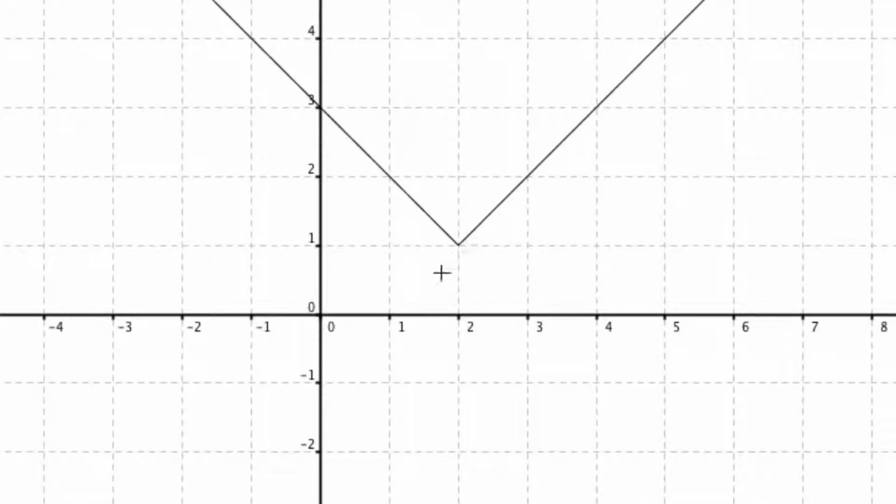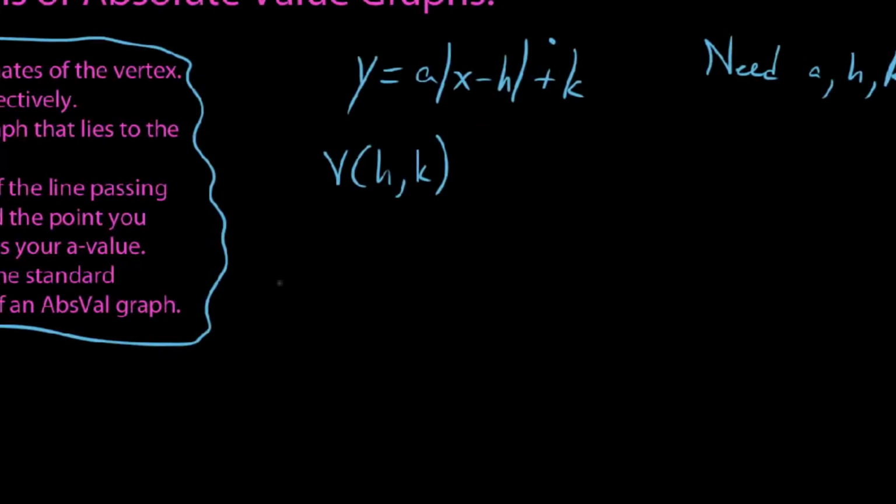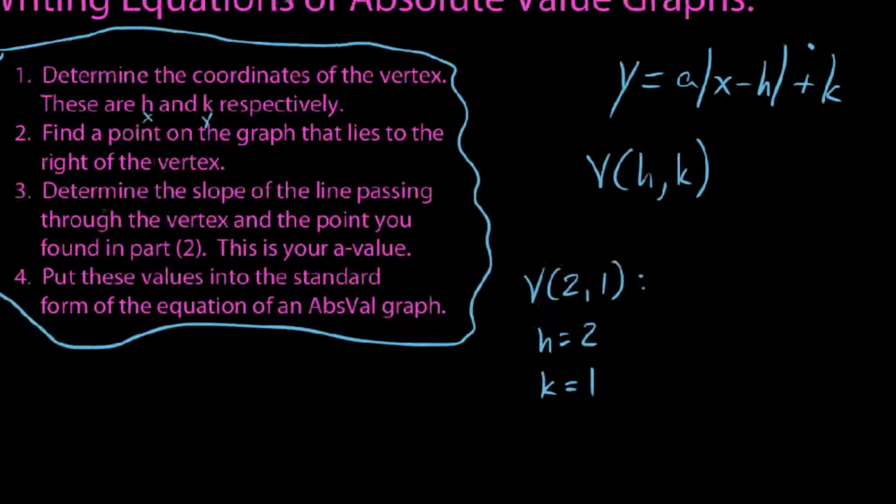I'll drop in a point at our vertex, and we notice that this point is over 2, up 1. So for this specific graph, the vertex is at 2, 1. That means h is equal to 2 and k is equal to 1.